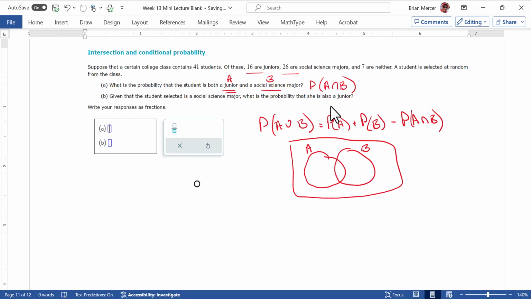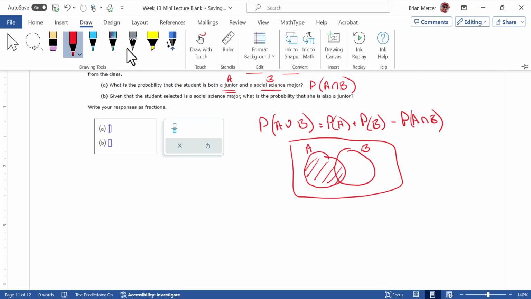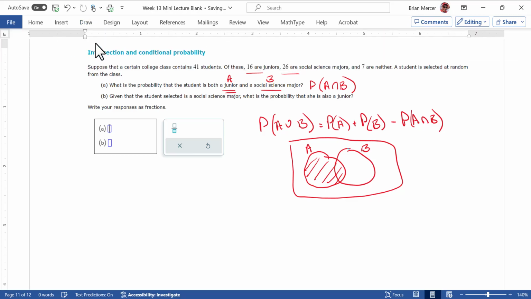If you think about A, so probability of A, that's anywhere inside the A circle. And if I think about B, that's anywhere inside the B circle. And the reason that you have to subtract this intersection is by the shading that I just did there.